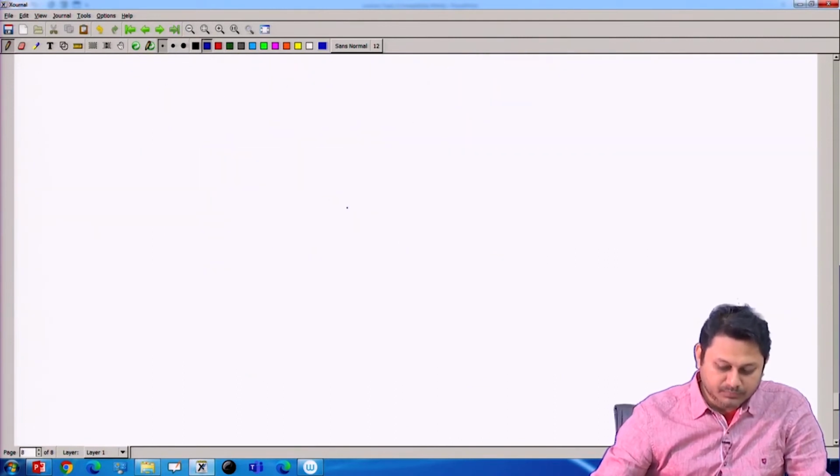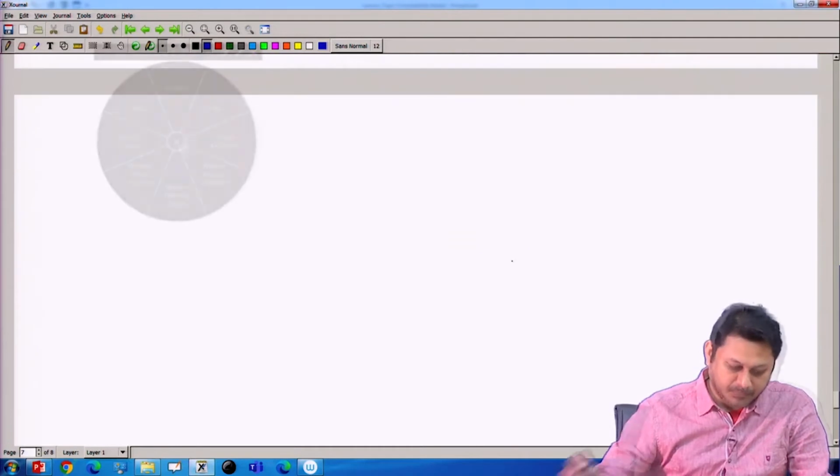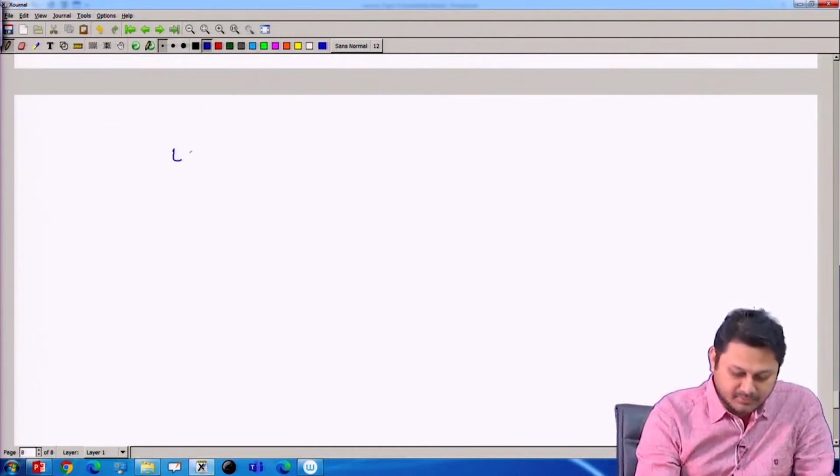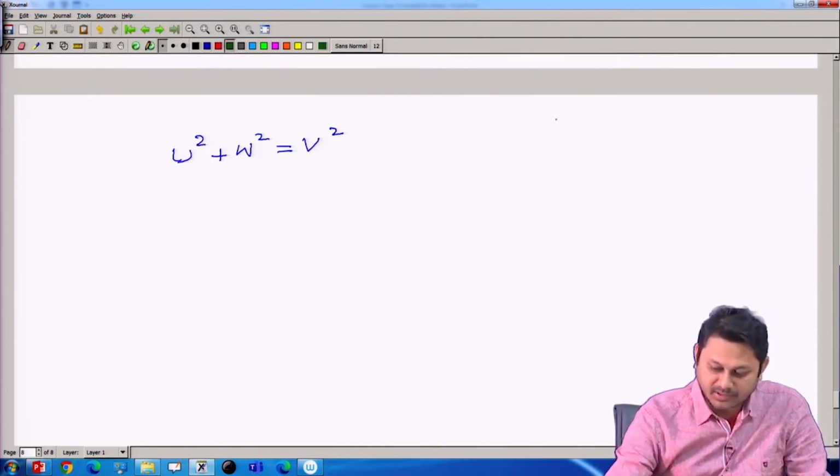So that I can use this B parameter in this equation. And what is U? Because in this equation you can see that W and U are sitting, so I am going to replace these in terms of B. One can find that U square plus W square is V square. Let me write it here. What was the U square once again?